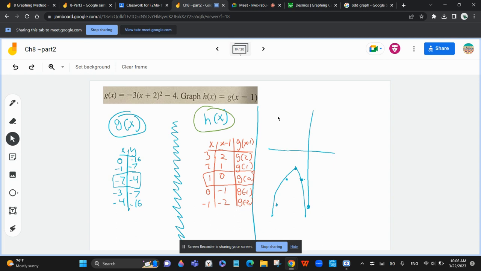I mean, before you plug in x equals 3, and now you are plugging in x equals 2. So the difference is that actually you have shifted the function by 1 unit to the right.